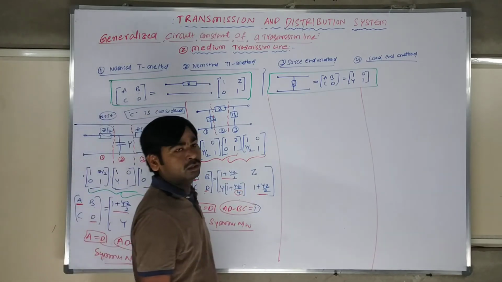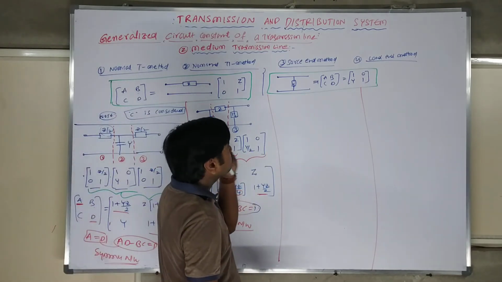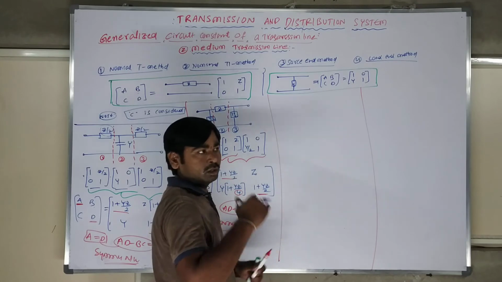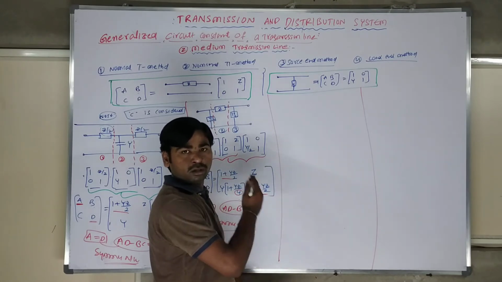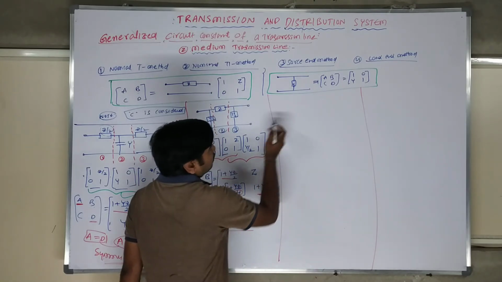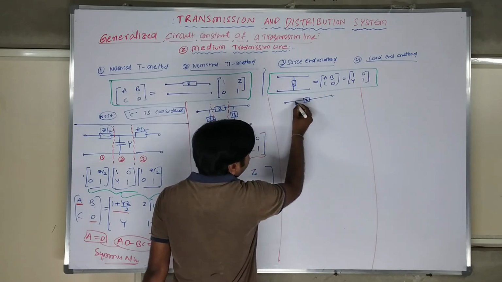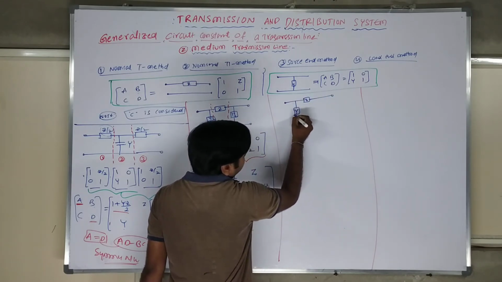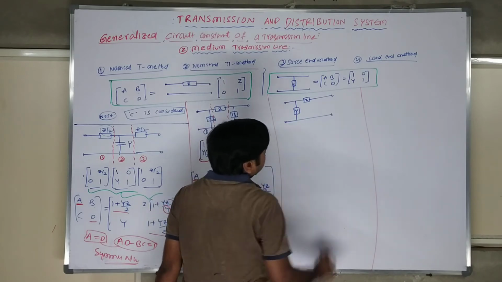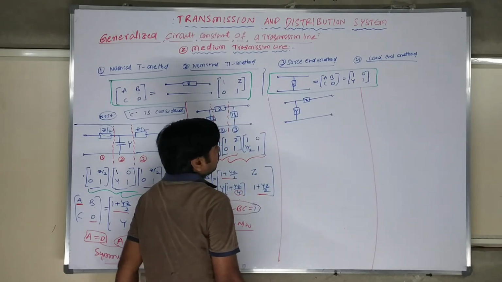Now switch to the source end method. In the source end method, the total capacitance is placed on the source side. Let us take the impedance as it is here, and the admittance should be taken care of on this particular side.